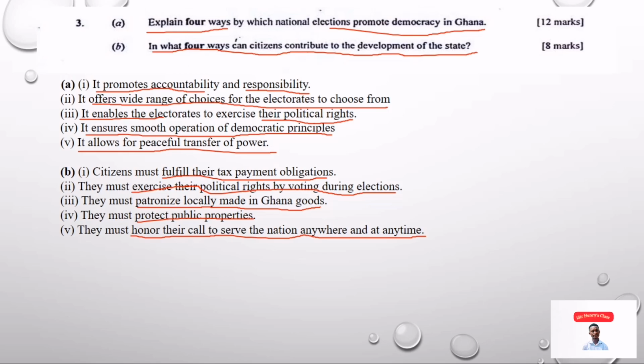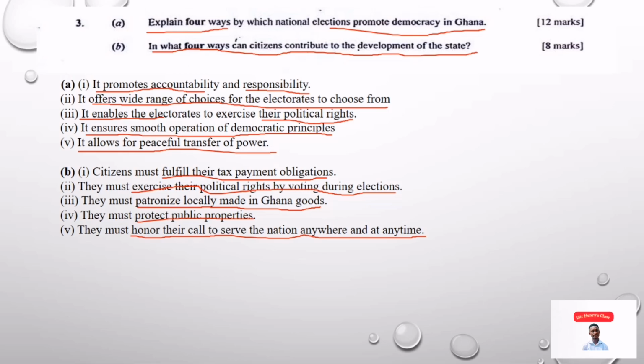So they are talking about importance of national elections. 1. It promotes accountability and responsibility, in the sense that election ensures that the leaders that have been elected are made accountable and responsible and answerable to all the questions or the criticisms from the people, and work effectively for the betterment of the country.